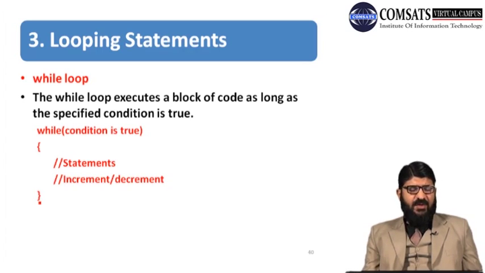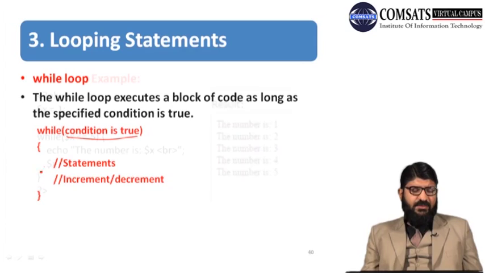If the condition becomes false, the lines of code inside the while loop will be terminated. So the syntax is you write while, then you write the condition that is true, and then you write the statements that you want to execute.